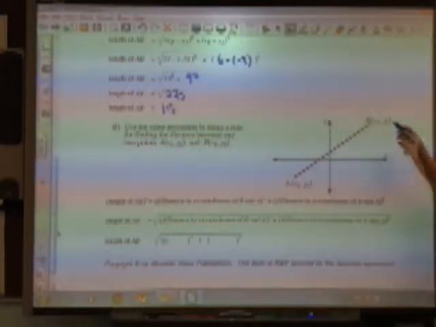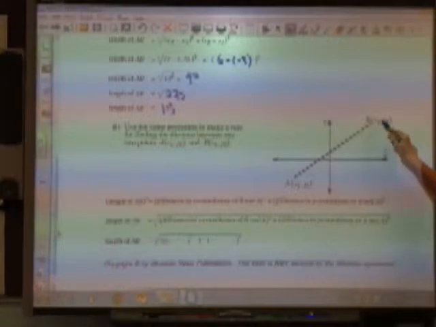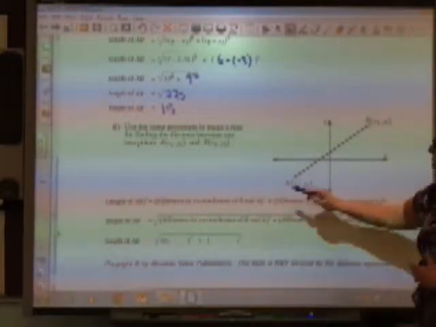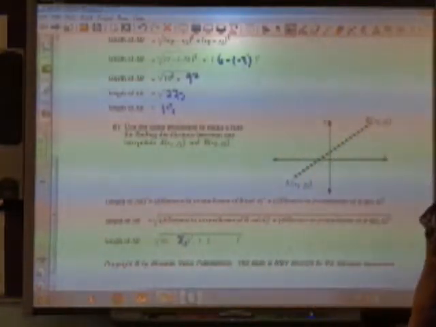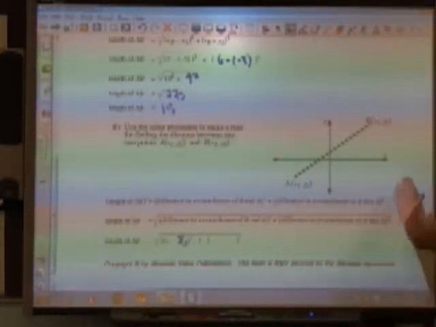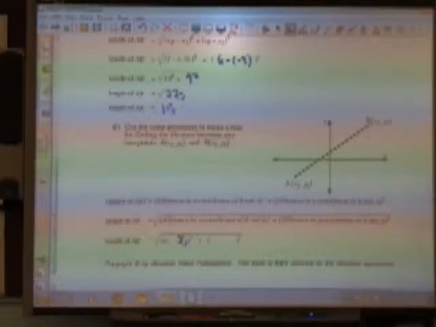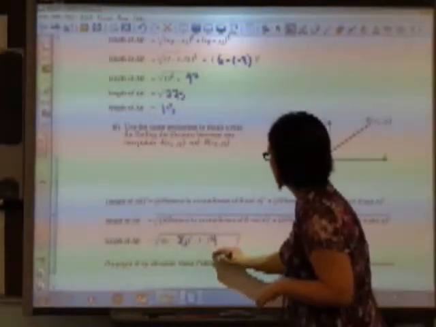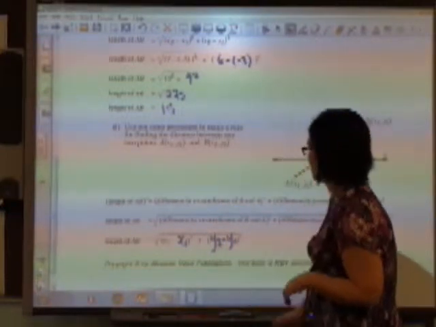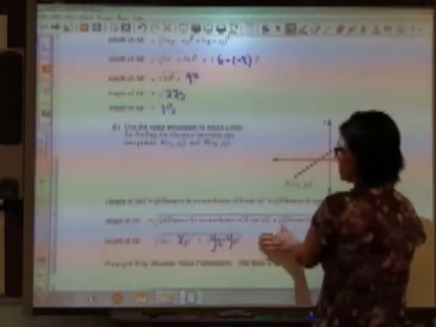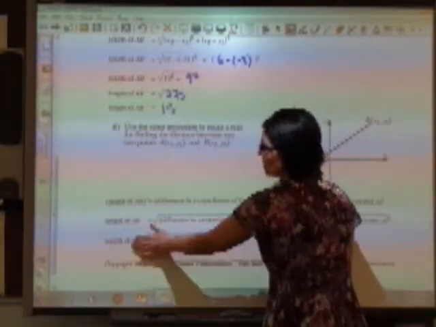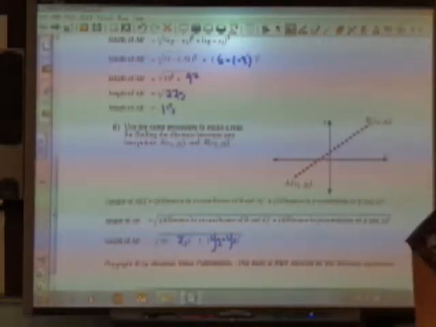So to get my a and my b, my two legs, I can take the difference in the x coordinates, x2 minus x1, and that'll give me a horizontal length that I can then square. And then I'll take the difference in the y coordinates, y2 minus y1 squared. And then if I take the square root of the sum of those two squares, I'm going to get the length of AB.